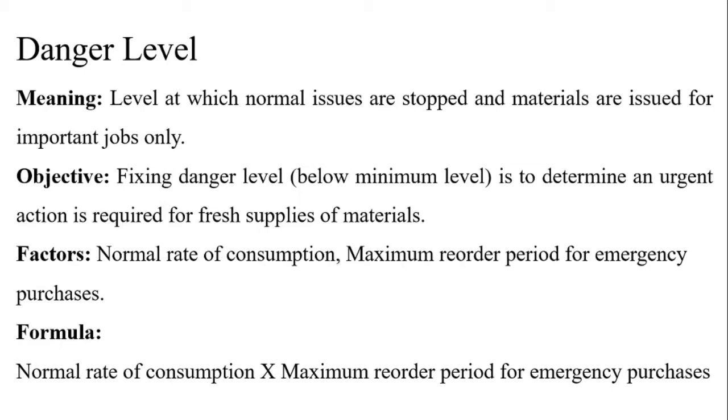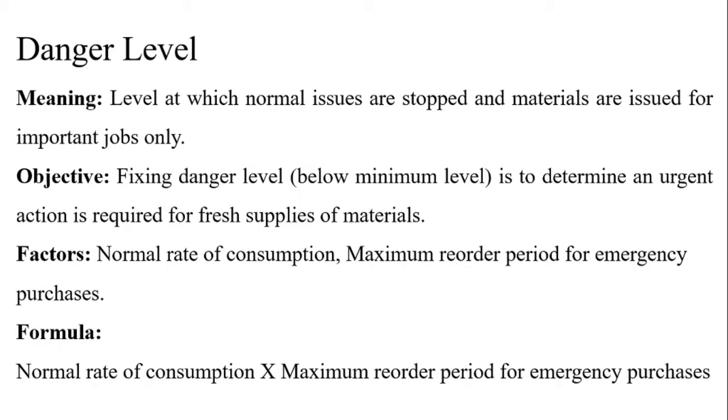Fixing the danger level below the minimum level is meant for taking urgent corrective action, whereas fixing it above the minimum level is for preventive action. That means the danger level can be fixed either above or below the minimum level. If it is above the minimum level, it is a preventive measure. If it is below the minimum stock level, it is a corrective action that has to be taken by the firm to avoid the danger level condition.